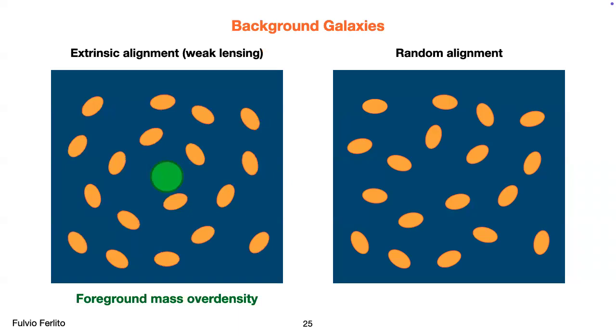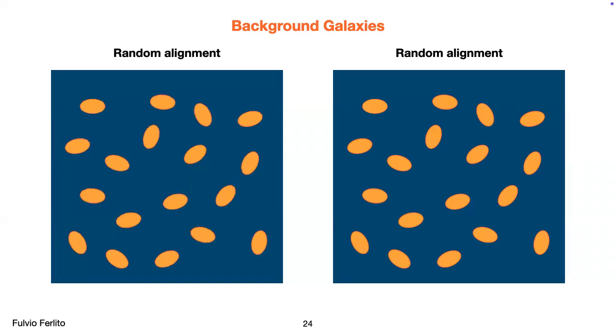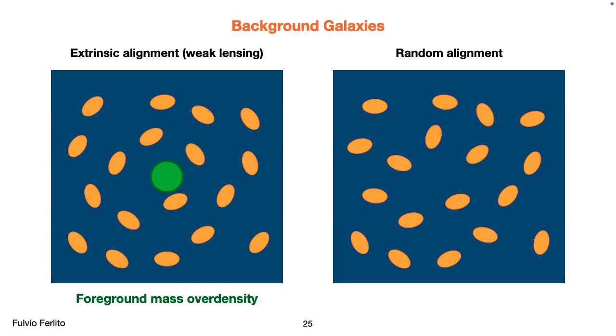Weak lensing is also sometimes called extrinsic alignment, because if we put a foreground mass overdensity, we see that objects pass from having a random alignment to being tangentially aligned with respect to the foreground overdensity.